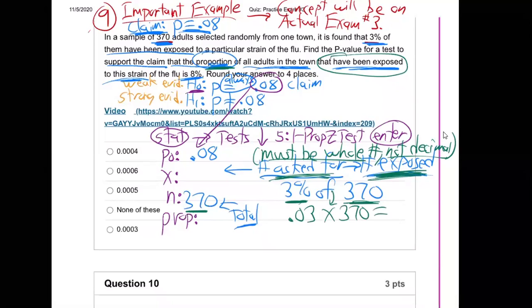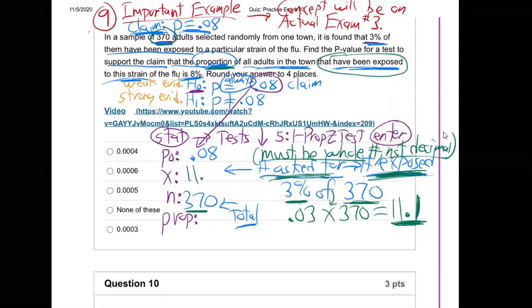So you take 3% of 370, 0.03 times 370. And when you do, you get 11.1. So that means 11.1 people out of the 370 had been exposed to the flu when they did the sample, the survey.